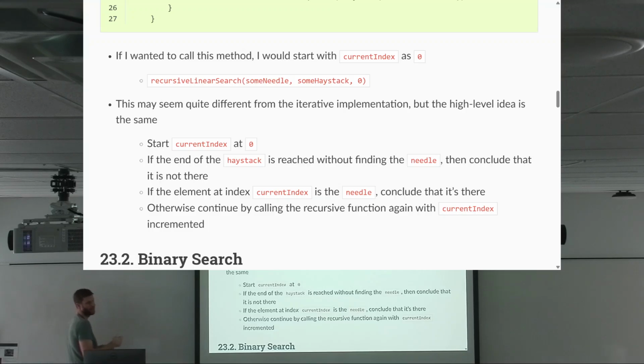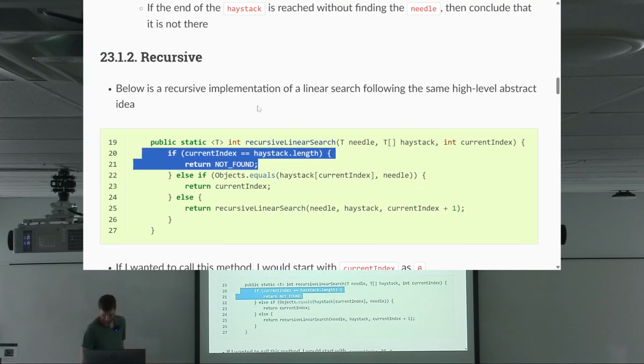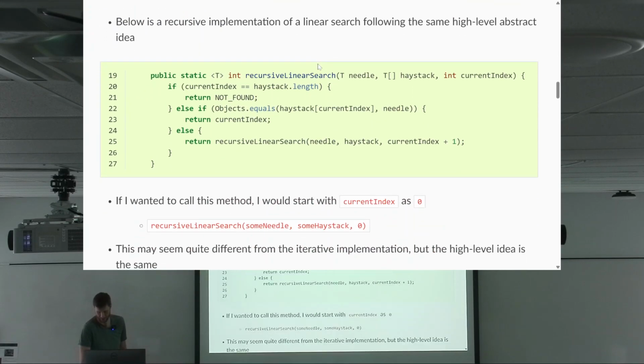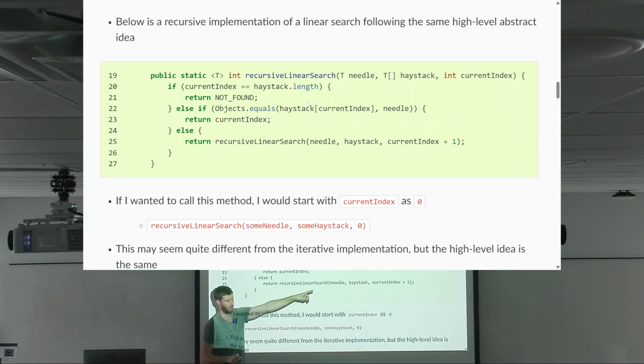often make a separate function that you call, and we'll see examples of this. You make another function that only takes 2 arguments, the needle and the haystack. And maybe you make this one private. So you call the public one that only takes 2, and all it ever does is call this one with a 0.